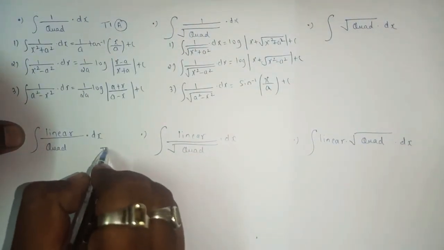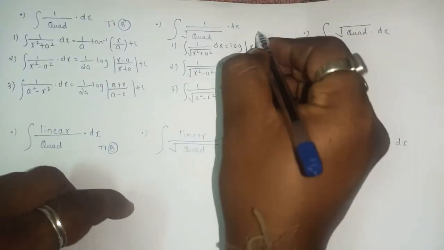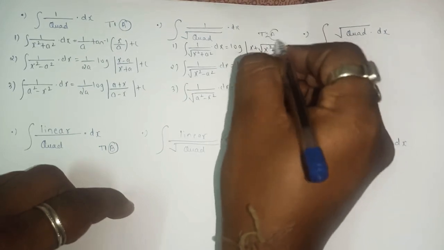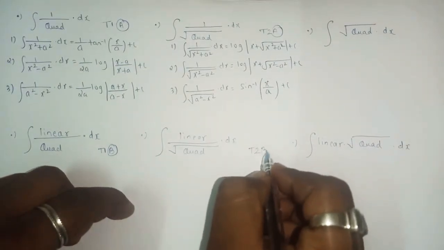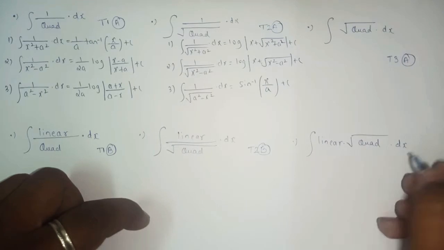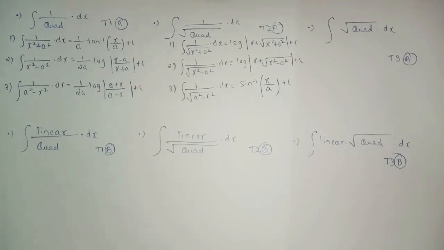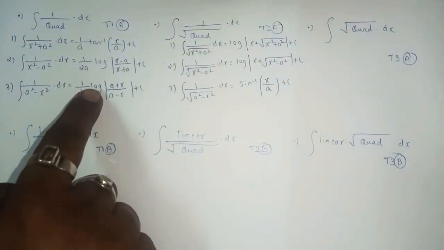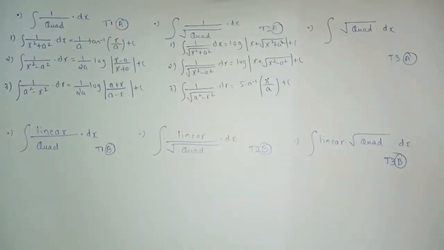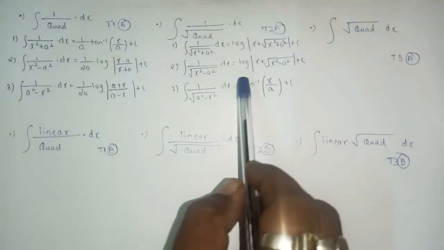This as type number 1b, this as type number 2a, this as type number 2b, third one as type number 3a, and this is type number 3b. So we had completed type number 1a and type number 2a. I had explained each and everything about type number 1a and type number 2a.